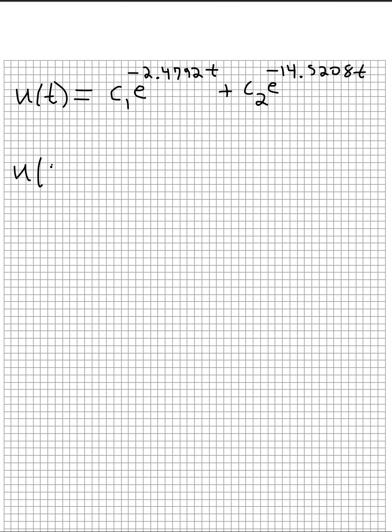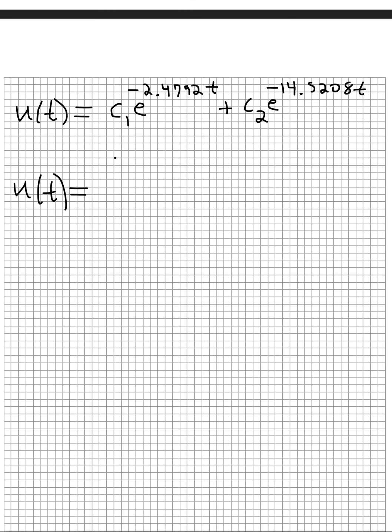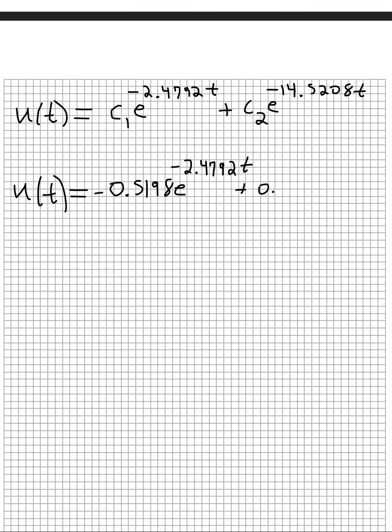And so u of t, by plugging in our two constants, will then become negative 0.5198 e to the minus 2.4792 t, plus 0.0199 e to the minus 14.5208 t.